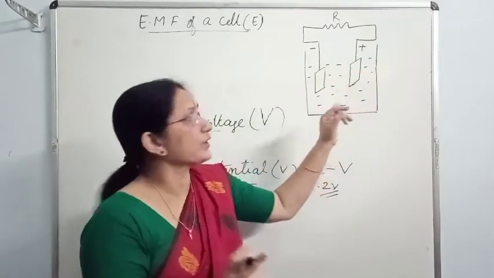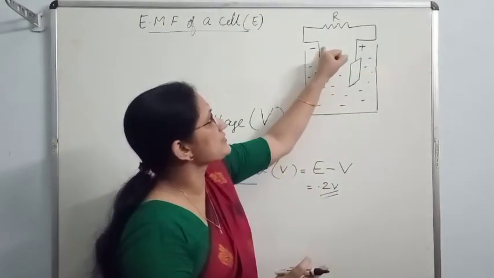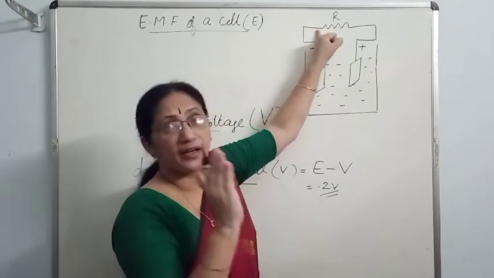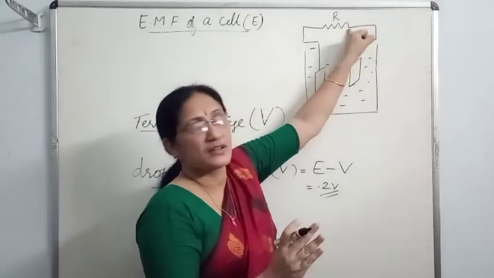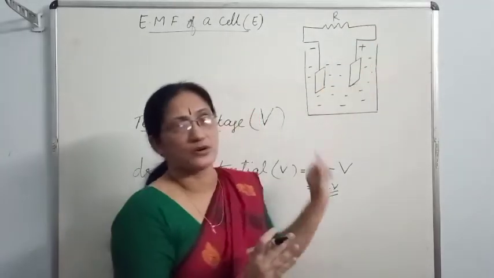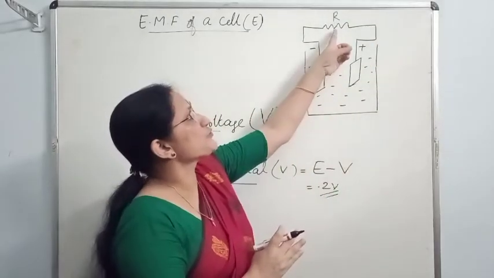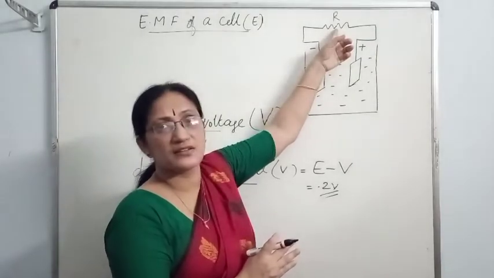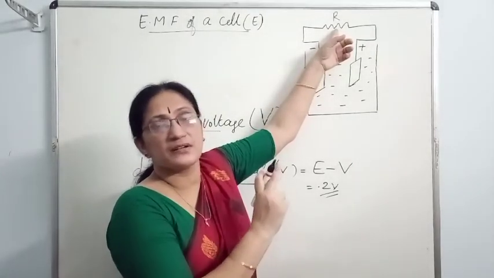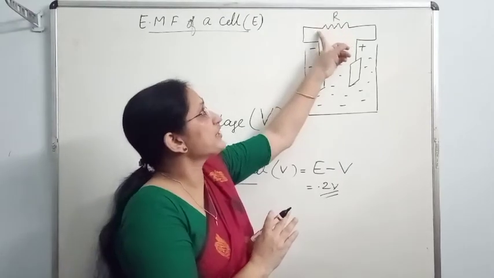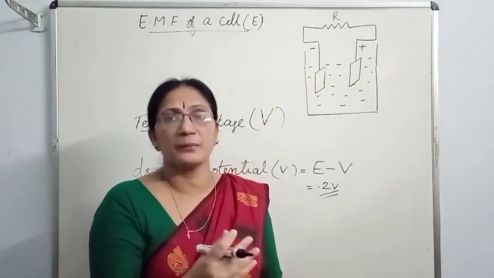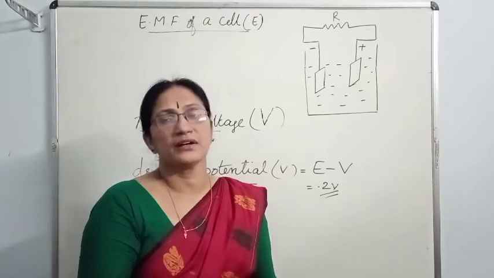So remember the point, electrons moving through this section of the circuit are energetic electrons. After passing through the resistance, they come out as weak electrons, meaning they spend most of their energy in this resistance. Suppose this resistance I have shown here is the filament of a bulb. Then that energy spent makes the filament hot and gives out heat and light.